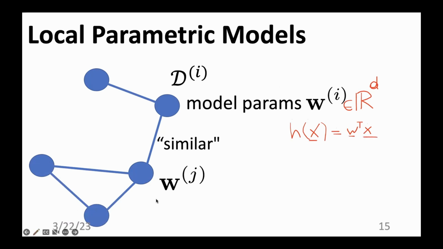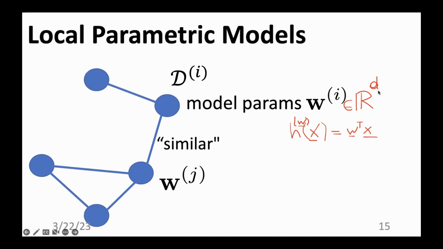Each such linear hypothesis is fully characterized by the weight vector w. And we assume that each local model can be parameterized by a weight vector of the same dimension.